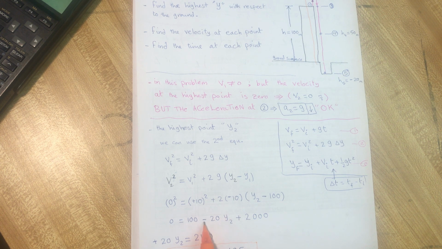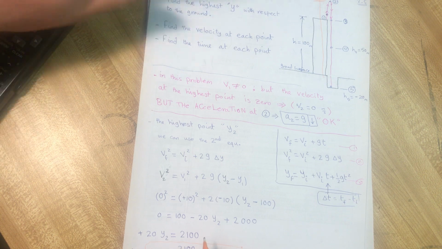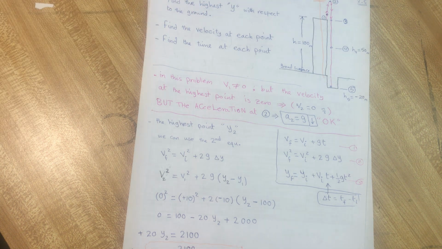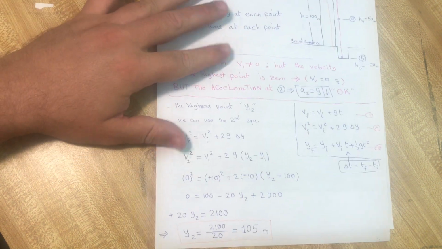Now the negative term, I will move it to the opposite side, so it will be positive 20 y2.